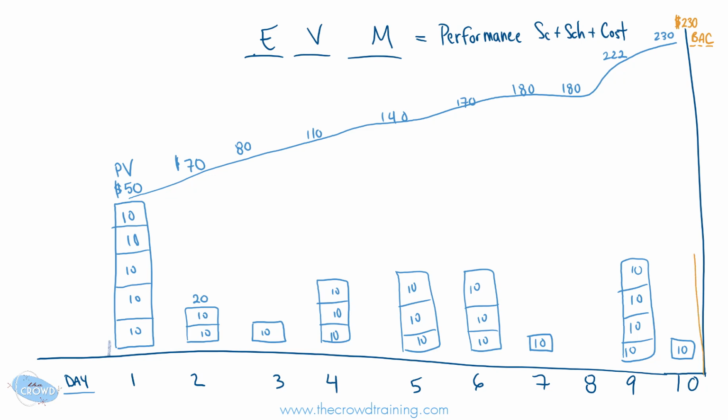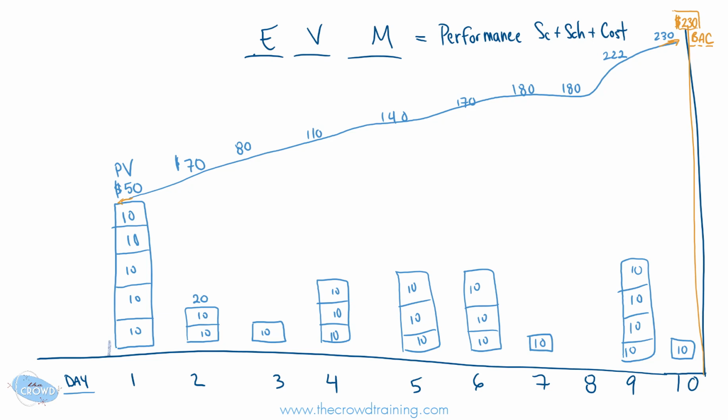By the time we end this project, we are budgeting or expecting $230. Obviously, nice and simple, just a 10-day project. But how we arrived at that was simply by taking all the planned values throughout the project to get us to the point of our budgeted completion.